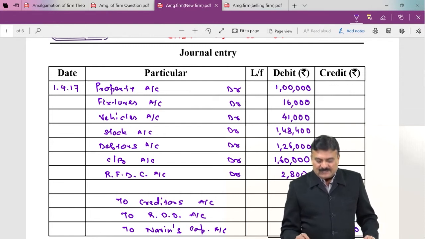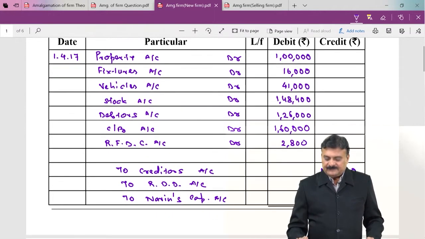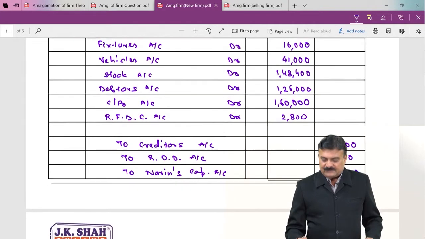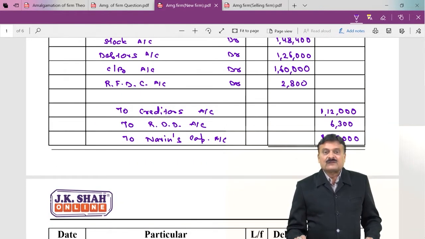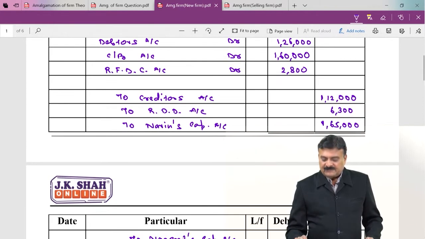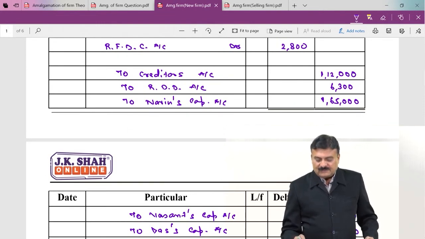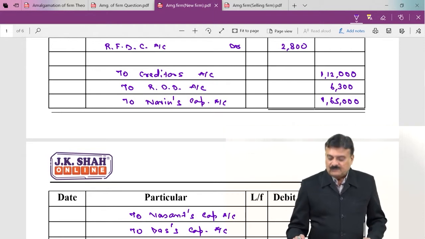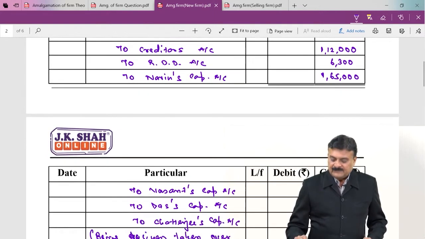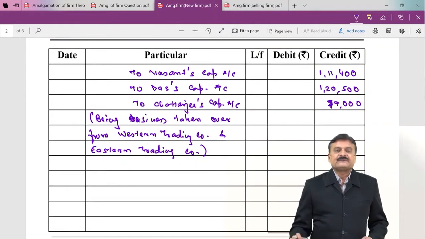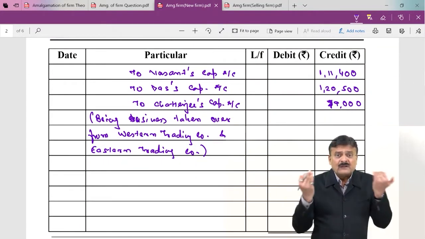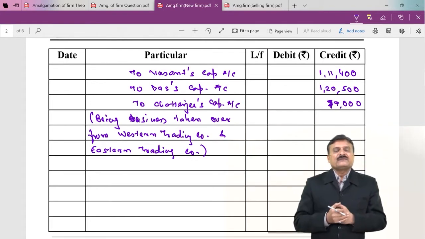Property debit 1 lakh, fixtures debit 16,000, vehicles debit 41,000, stock debit 148,400, debtors debit 1,26,000, cash and bank balances debit 1,60,000, reserve for discount on creditors debit 2,800, to creditors 1,12,000, to provision for doubtful debts, there is reserve for doubtful debts 6,300, and to all 4 partners capital account. That is the first entry, taking over assets and liabilities of both firms.